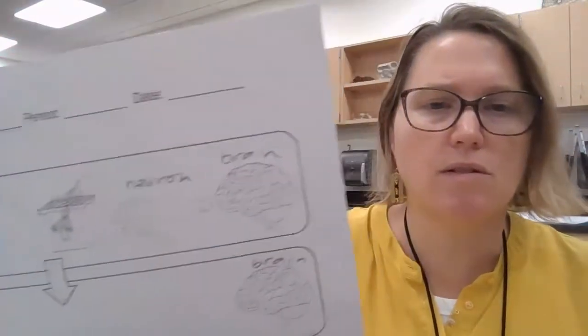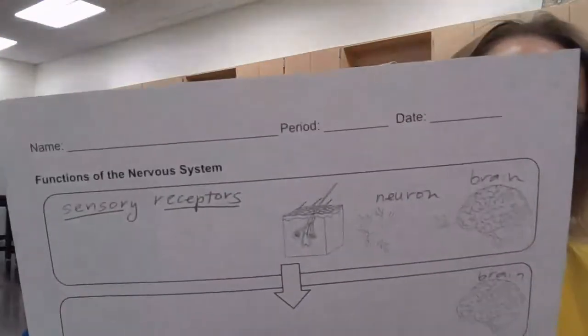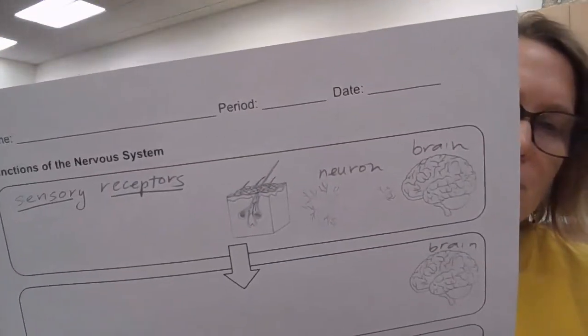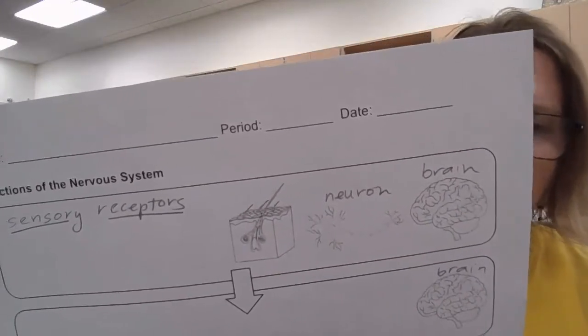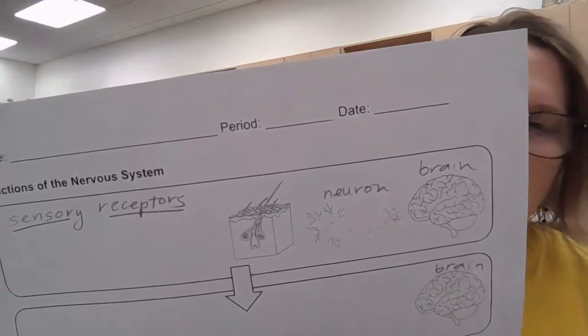Now we have 3 things from the brain. The first thing is we have sensory receptors. So I'm going to underline that and write that in. Sensory receptors. Okay, so a sensory receptor is going to receive information from the senses and send it to the brain. I'm going to write that down.